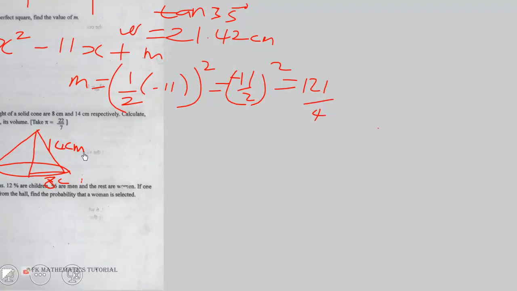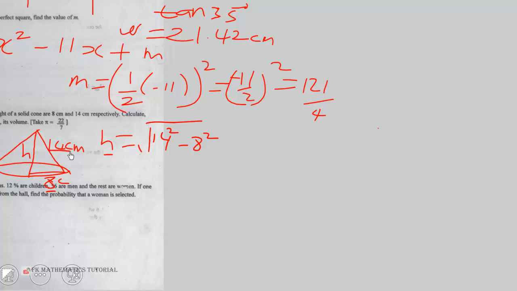So we need to find the actual height, which will be equal to the square root of 14 squared minus 8 squared, because 8 squared plus h squared should be equal to 14 squared.